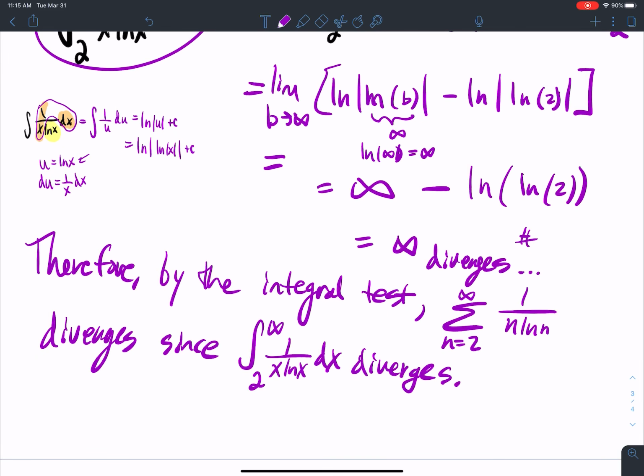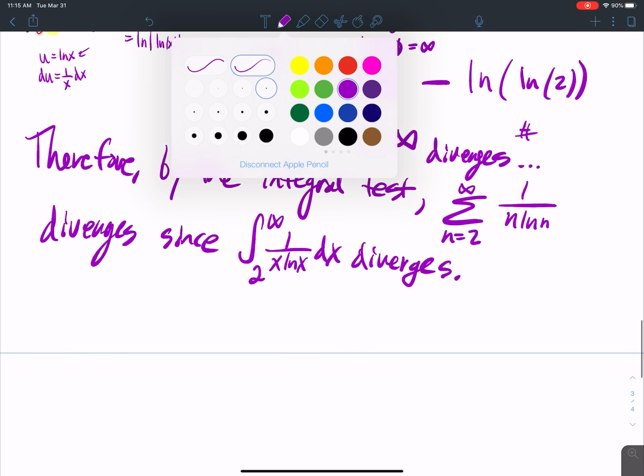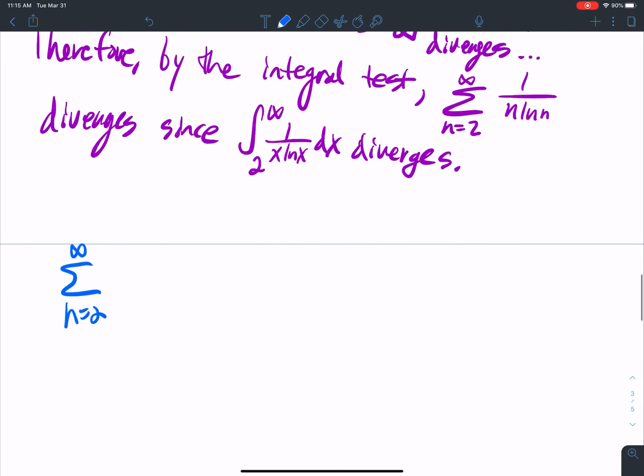Now let's do one more kind of like this and just make some notes, okay? So I want you to see where it works. So the series n equals 2 to infinity, okay? And I'm going to do 1 over n and then ln n, but instead of just ln n, I'm going to square ln n.